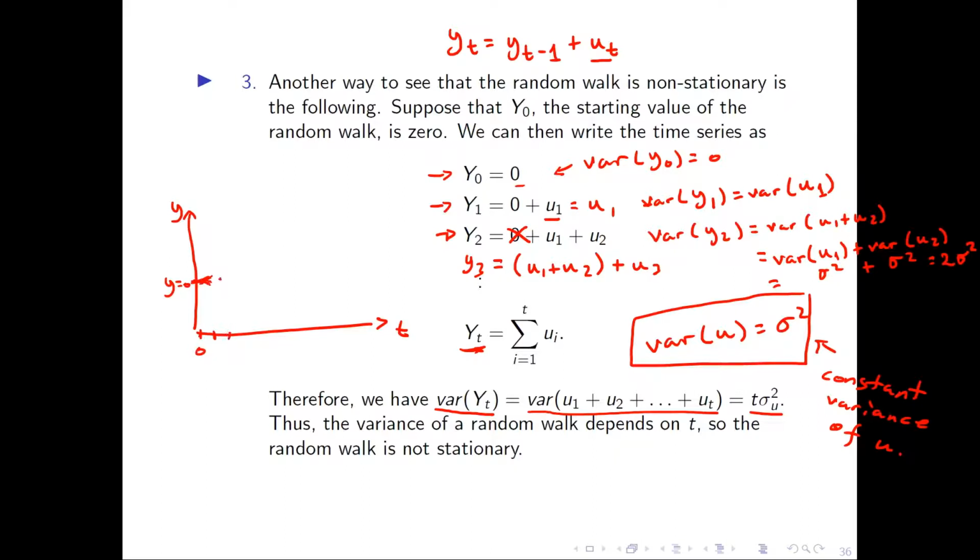But at time 2, every process here could go further out, and you would get this fan-shaped process, and you see that you get this fan. So the variance of the random walk process is increasing linearly with time.